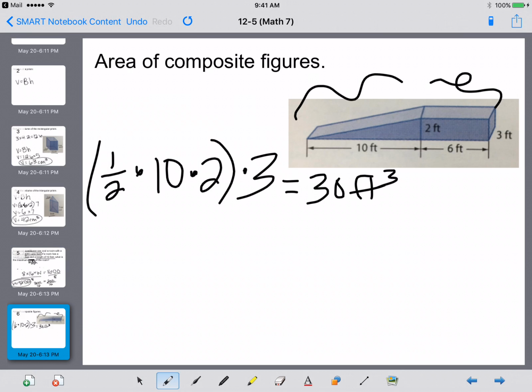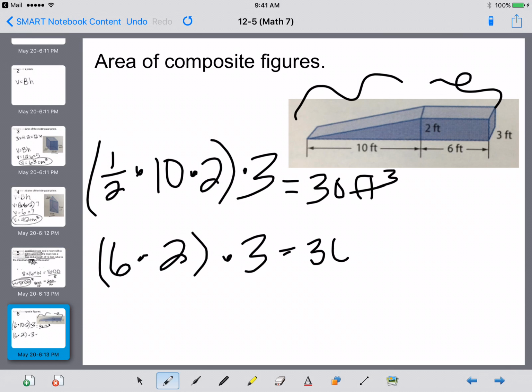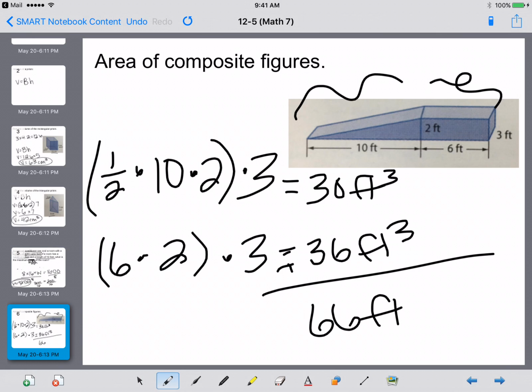And our rectangle over here would be 6 times 2 times 3 to get us a volume of 36 feet cubed. And then we just add them together. So the total volume of this ramp here would be 66 feet cubed.